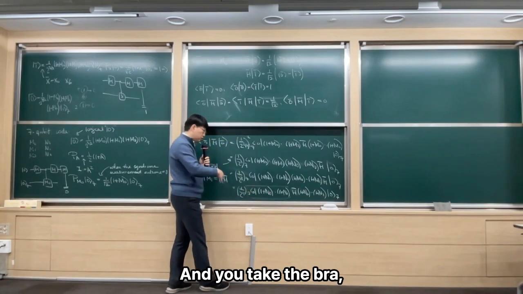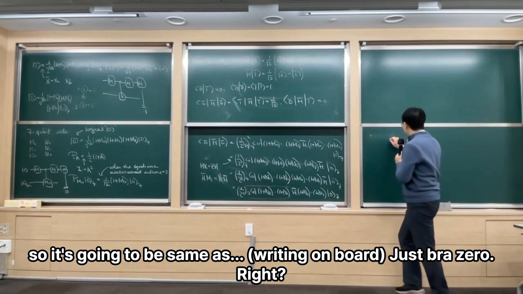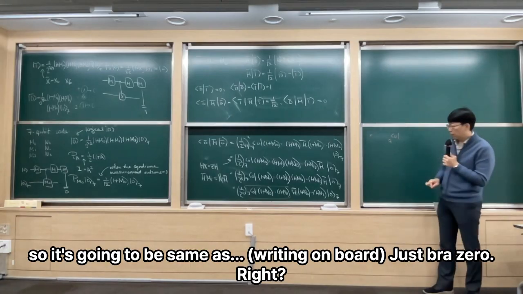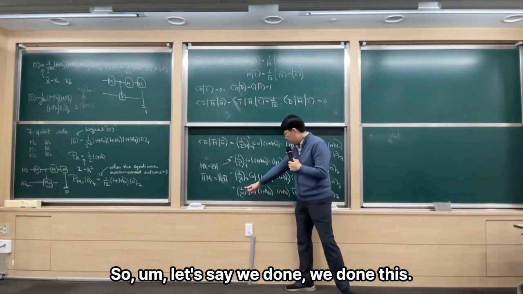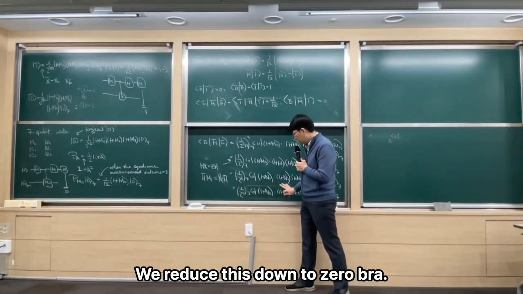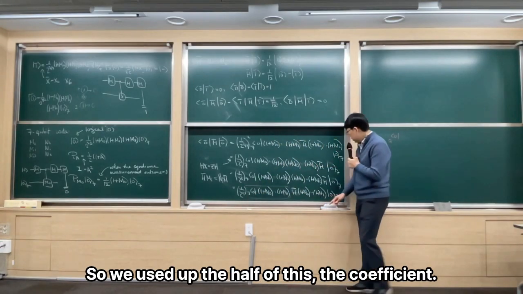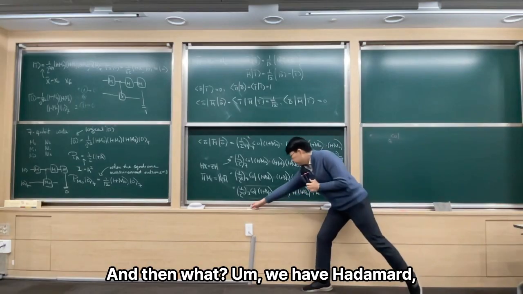So it's going to be just the same 0 cat when you apply this to the 0 cat. And you take the bra, so we're going to be same as just bra 0, right? So let's say we've done this. We reduce this down to 0 bra. So we used up the half of this coefficient. And then what?